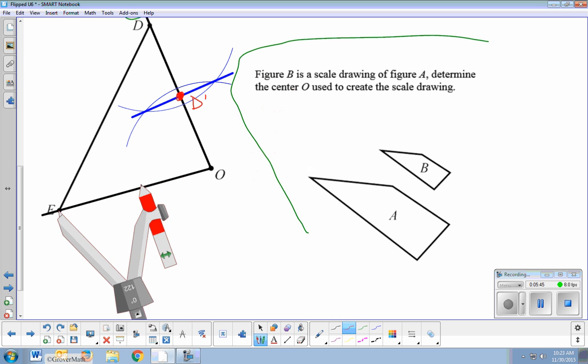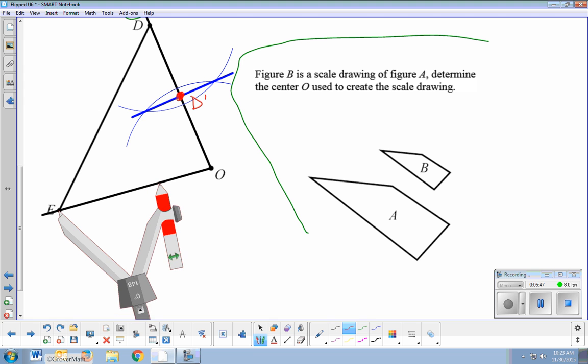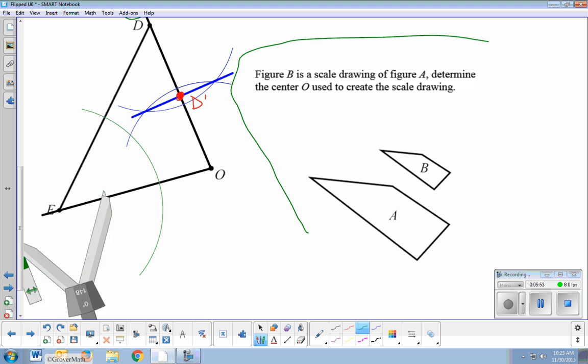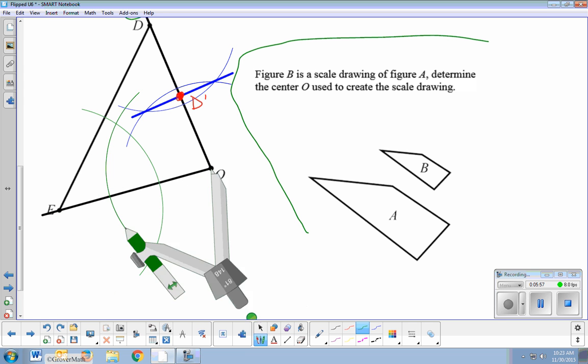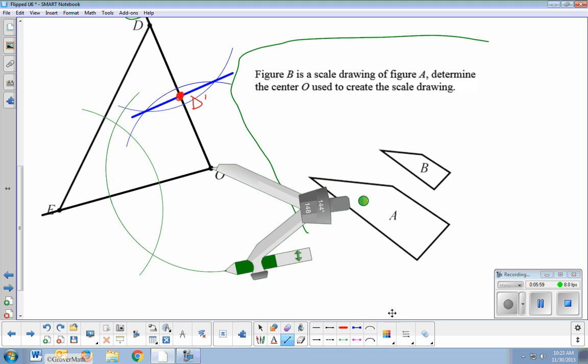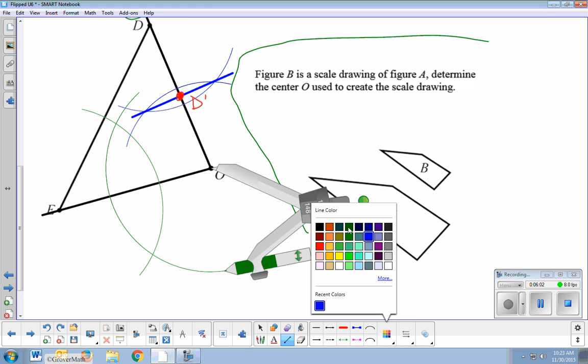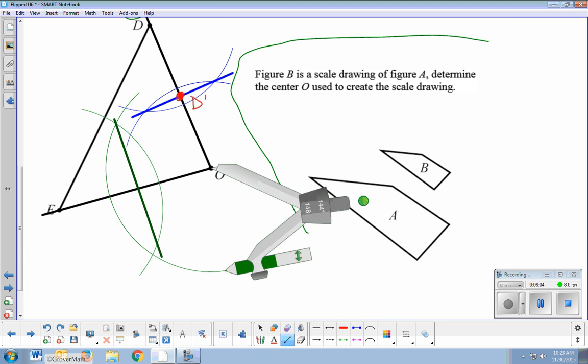And let me just change my color. And flip. And this time I'll do a green line to match my arcs. And that whole construction is just to find this point, which is E prime.